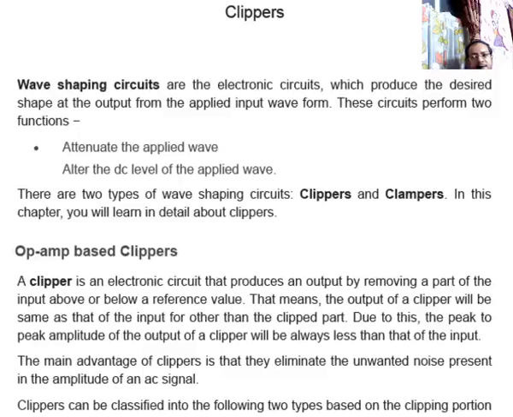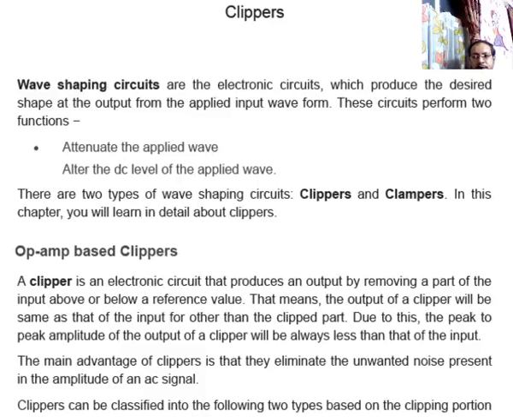A clipper is an electronic circuit that produces an output by removing a part of the input above or below a reference value. That means the output of a clipper will be the same as that of the input other than the clipped part.